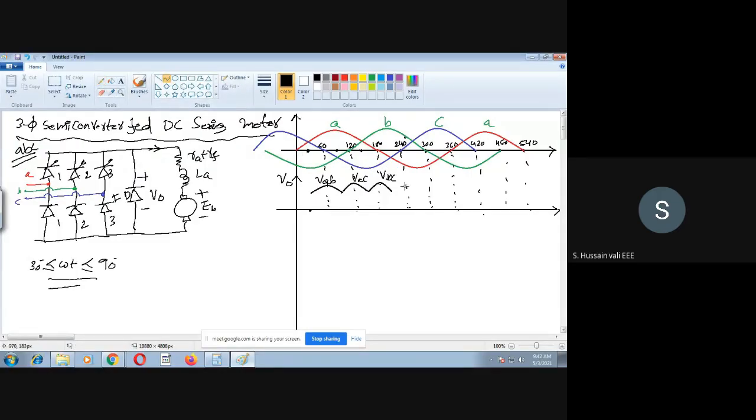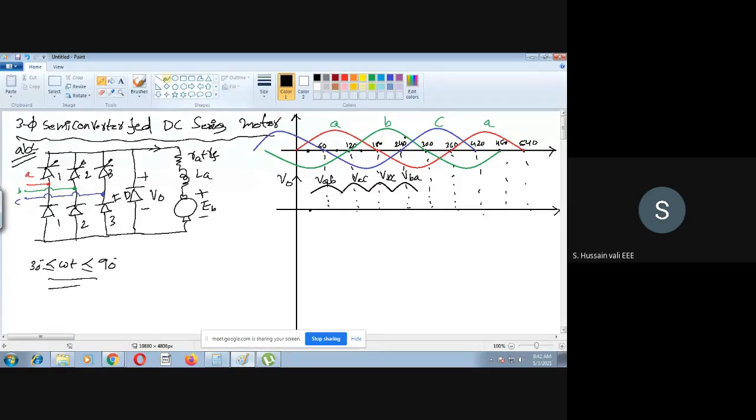Similarly, from 210 to 270, the highest is B, the lowest is A. So VBA.